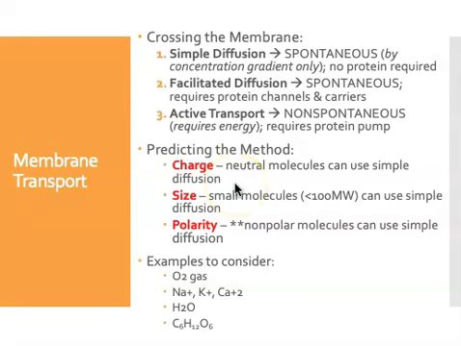So we're going to look for generally more non-polar molecules to be the ones that are capable of crossing a membrane using simple diffusion. So all three of these things matter. It's not one or the other that will determine which mechanism a molecule uses. It's a combination of all three of these that are important in determining which mechanism will be in play.